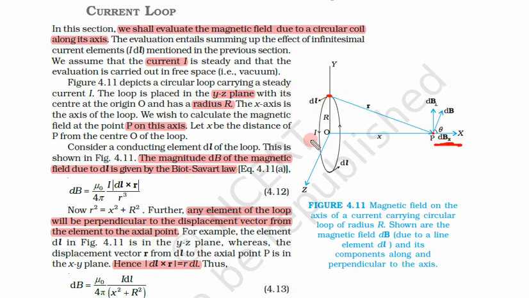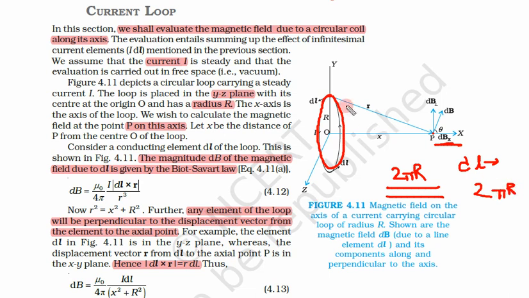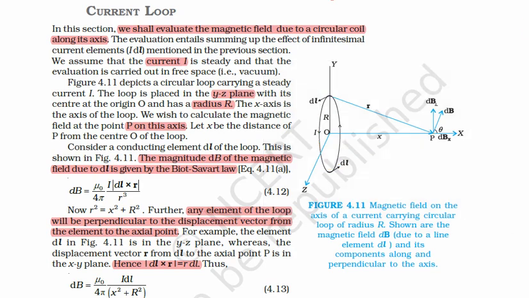So what would be the magnetic field due to the whole coil? The circumference of this coil is 2 pi r, so dl will convert into 2 pi r. We take very small elements dl and add all of them, so adding all of them will make it 2 pi r.